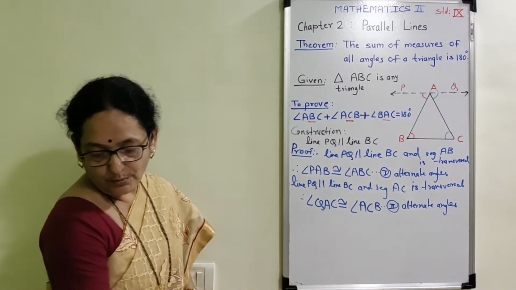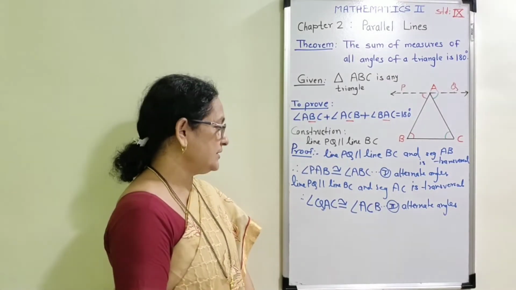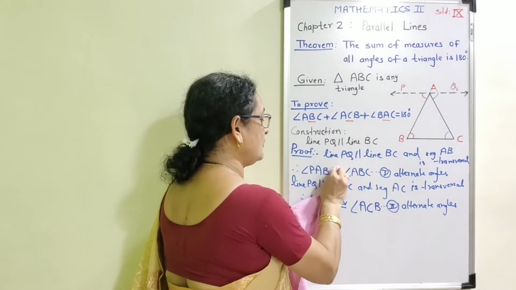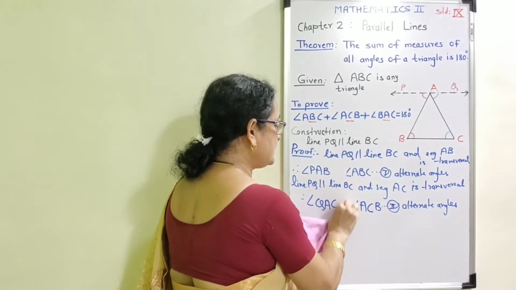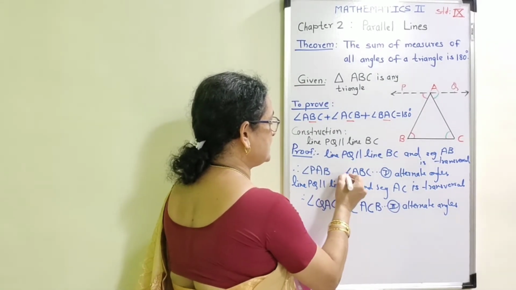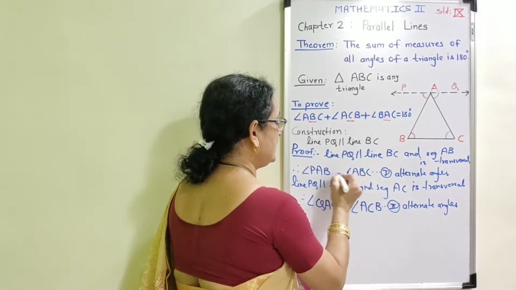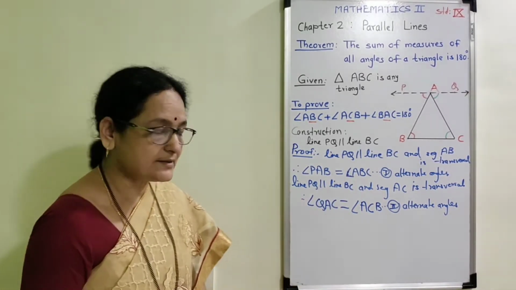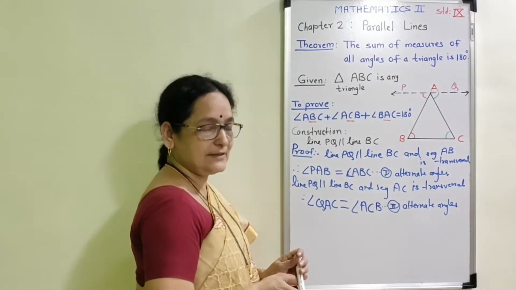Now here, both the pairs are congruent to each other. But in our textbook, they have taken the sign of only equality. Since we are going to add both the statements, we have taken that the measures of angles are equal. Since in the third step, we are going to add both the statements.